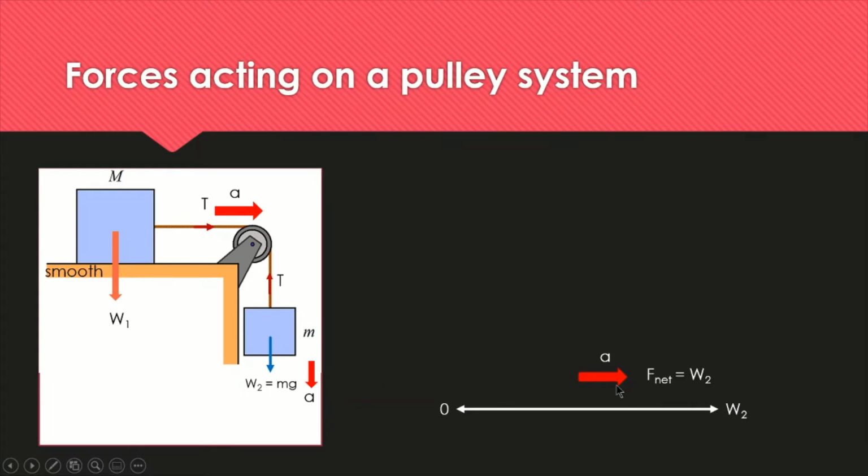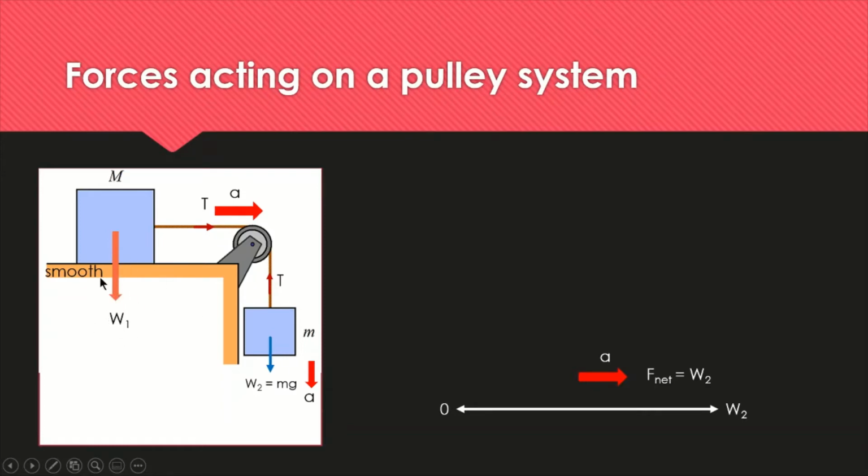And the weight of this smaller mass, W2, is in the same direction as the acceleration A. But W1 is not in the same direction.